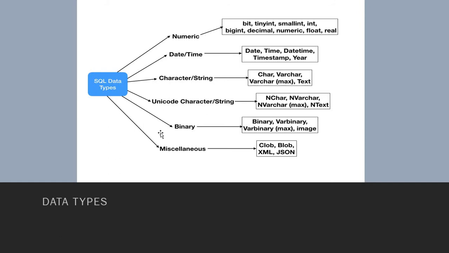And you can see a few miscellaneous ones like clob, blob, XML, and JSON, which we will be discussing separately on the data types. And also we have got date, time, timestamp, and year.